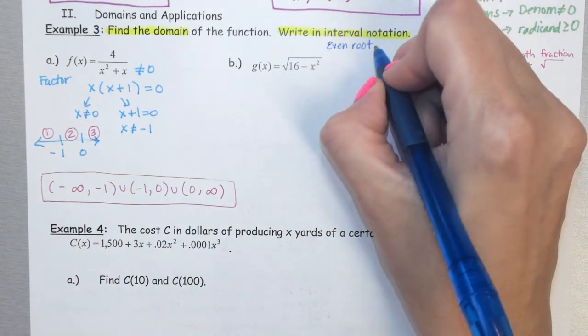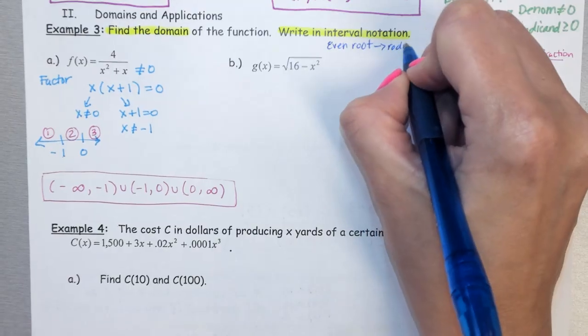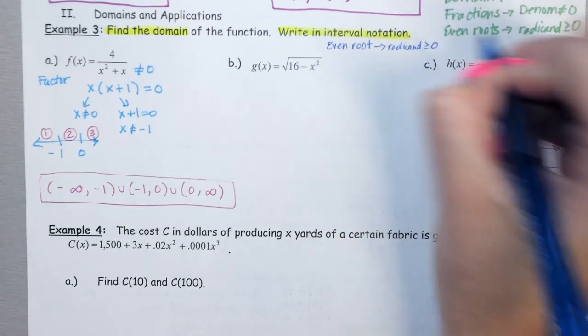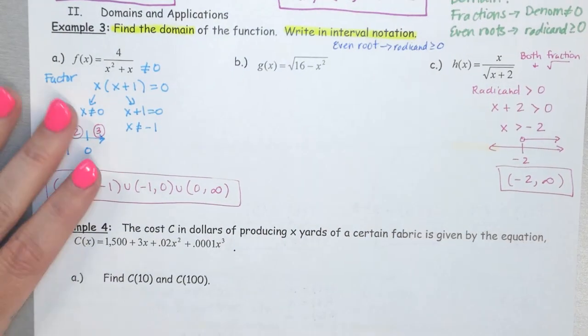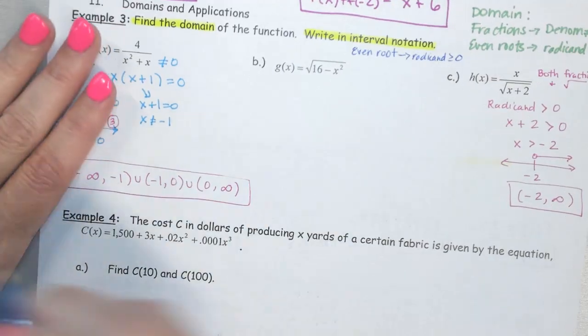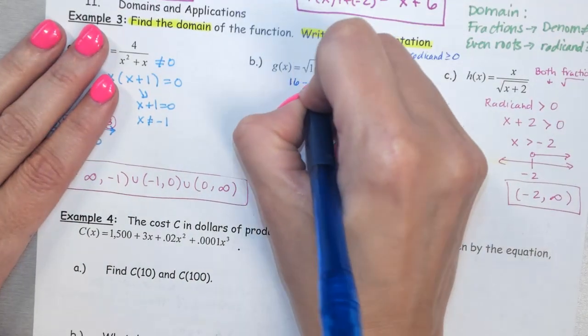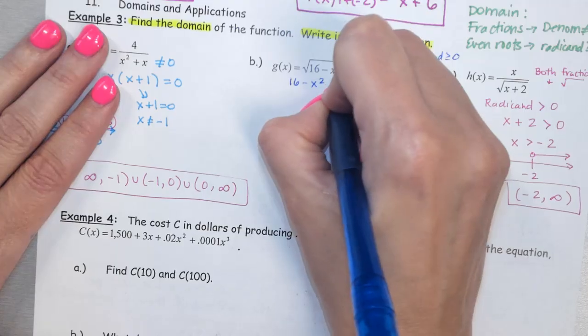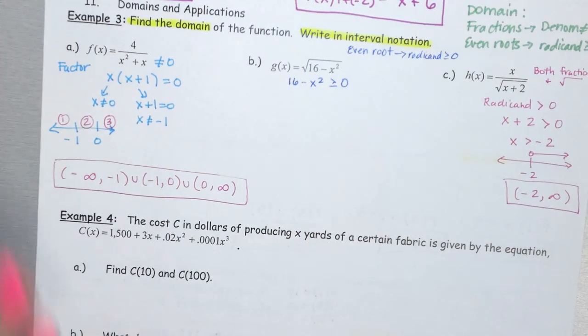Okay, if it's an even root, we take the radicand and we set it greater than or equal to 0. It's not on the bottom of a fraction, so we're going to take 16 minus x squared and set it greater than or equal to 0. Now what you can't do is just move the x squared, take the square root, and do the plus or minus 4.